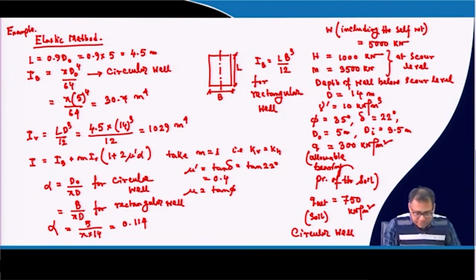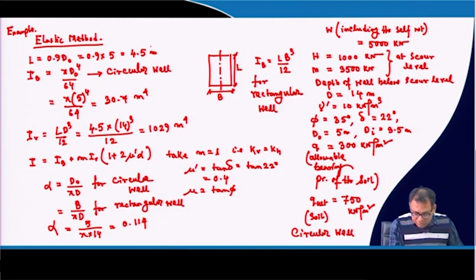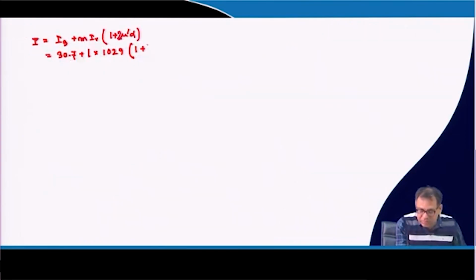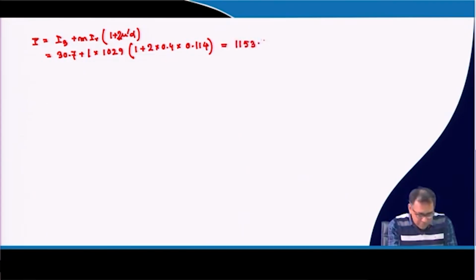I will put this value. So, I b is 30.7 plus m is 1, I v is 1029, times 1 plus 2, mu dash is 0.4, alpha is 0.114. So, this is 1153.5 meter to the power 4.